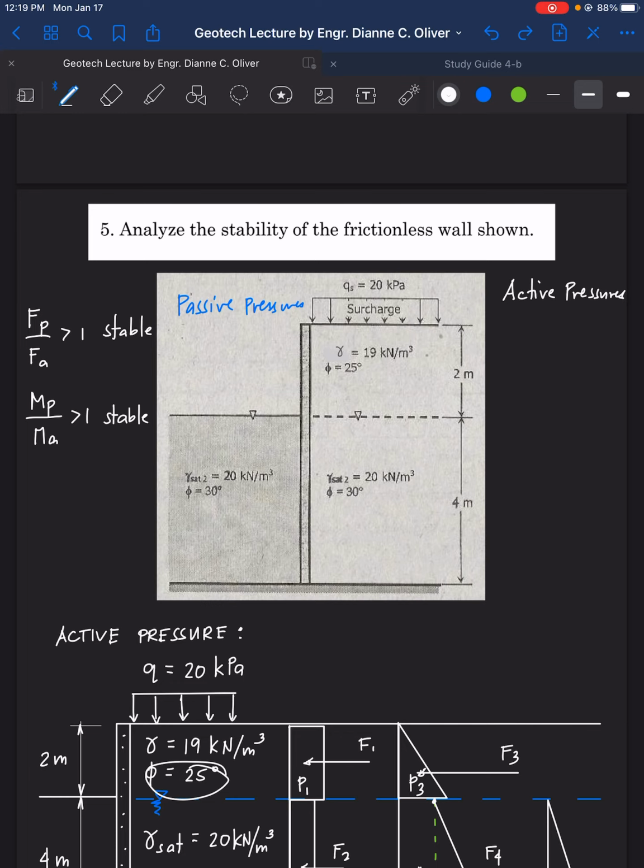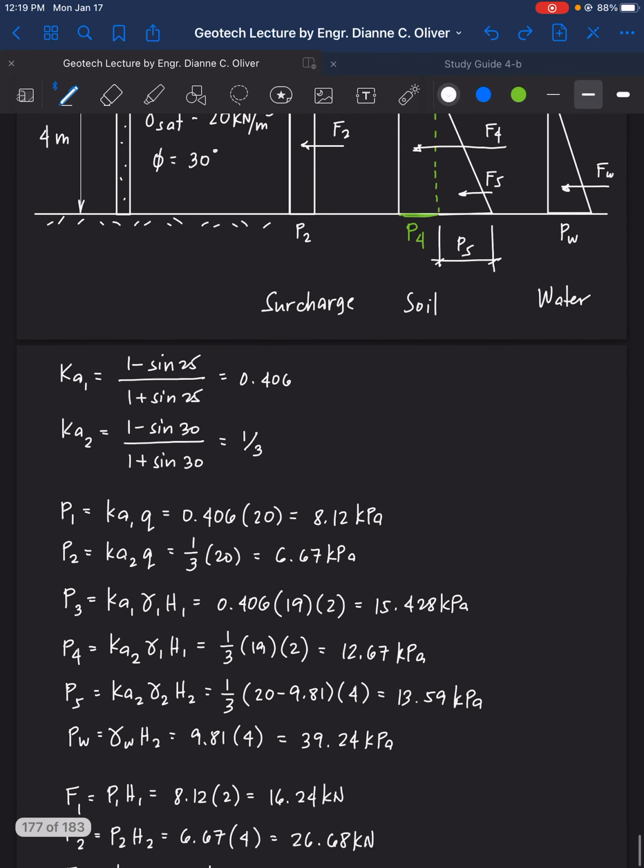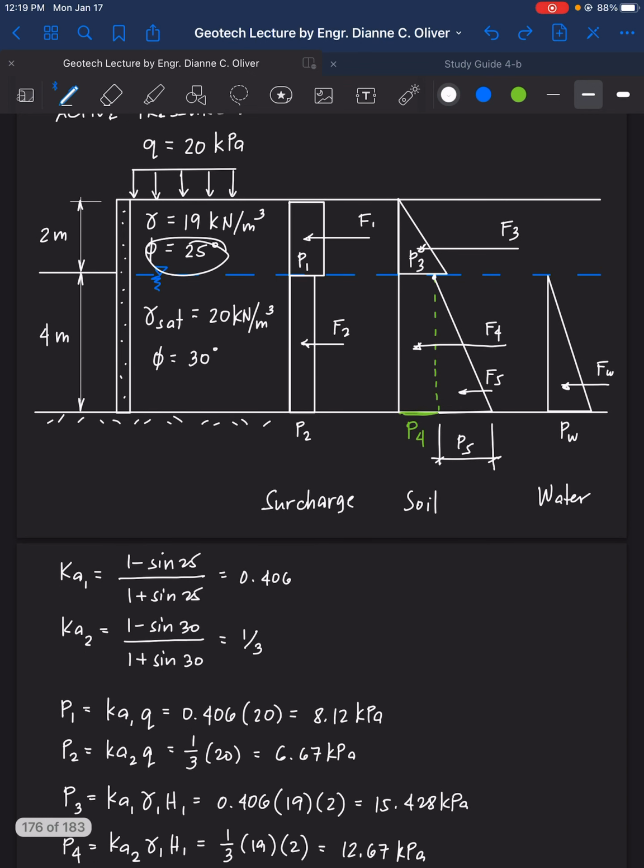Now, after we get the value for force active, we need the active moment. To get the value for active moment, we need the distances of the forces from the bottom. So we need the values for y1, y2, y3, y4, y5, and then we have the yw.